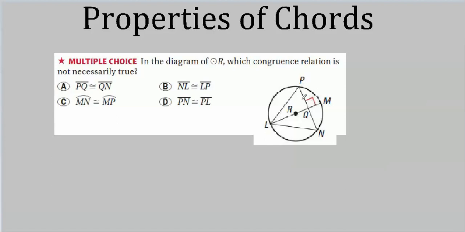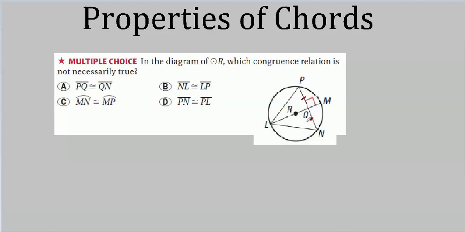So we do know that these two are congruent. So this is true. What about this? NL and LP. Here's NL, and here's LP. Well, this is pretty easy to see that this has to be true.